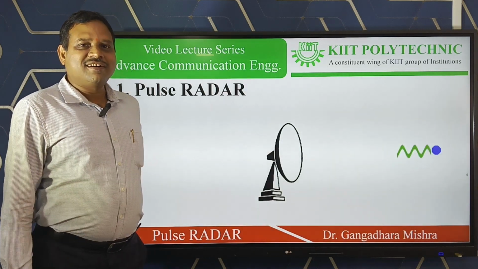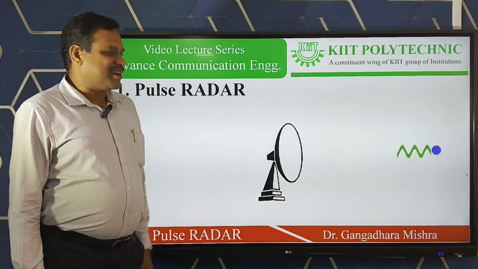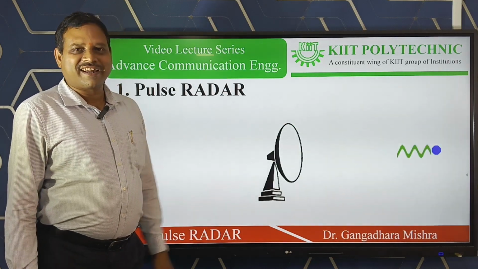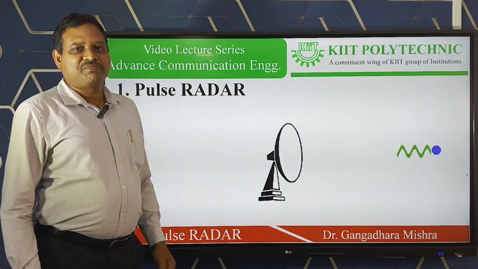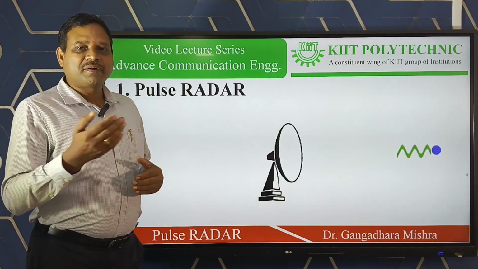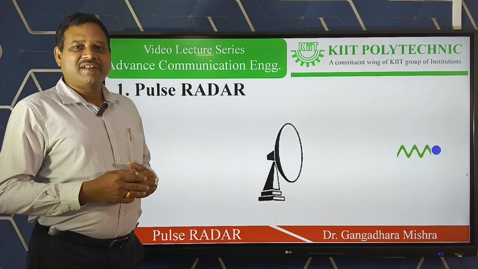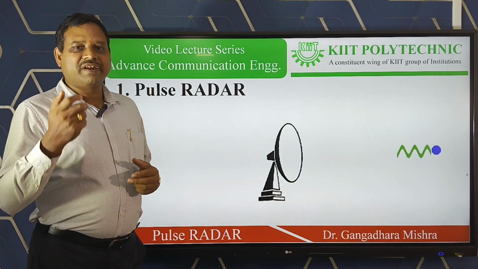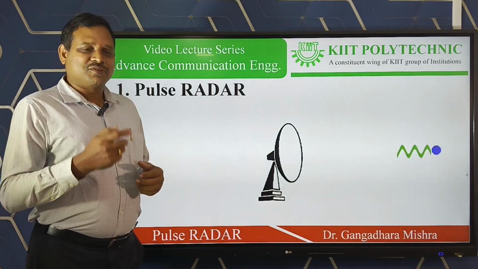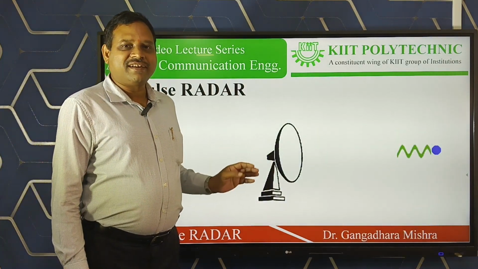This is the radar, and that is a target or object which is present at a far position. We need to measure its parameters, and to measure its parameters we need to transmit some electromagnetic pulses. These pulses will be transmitted by my antenna.